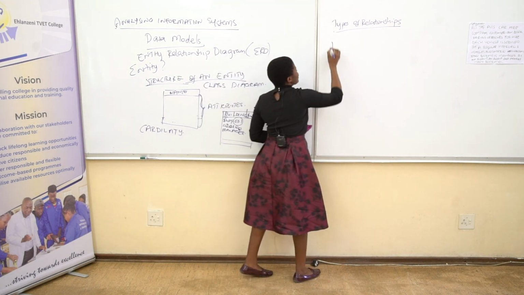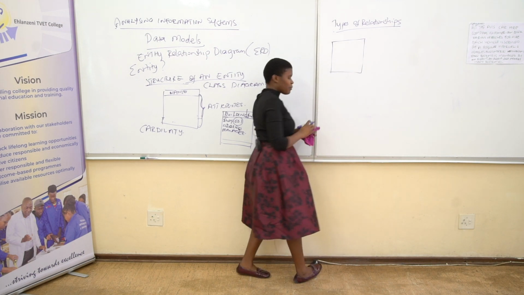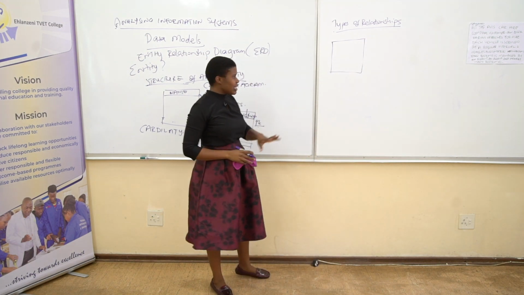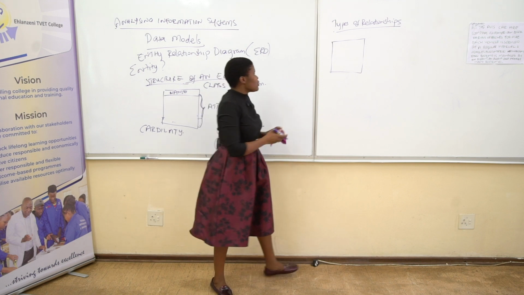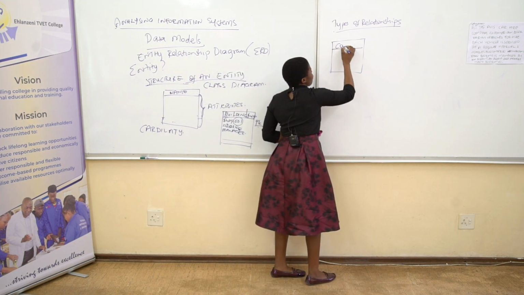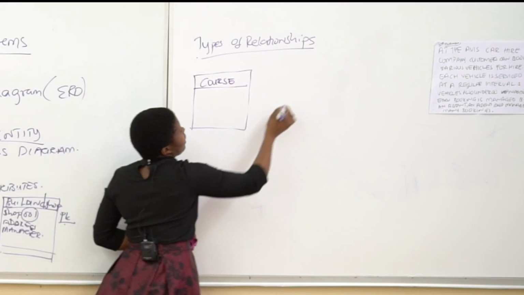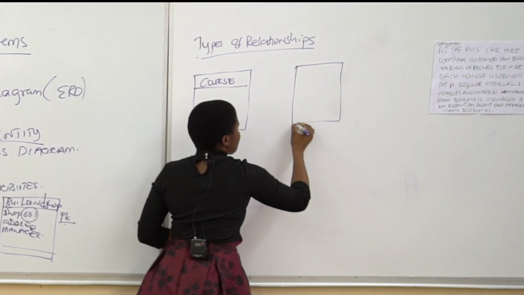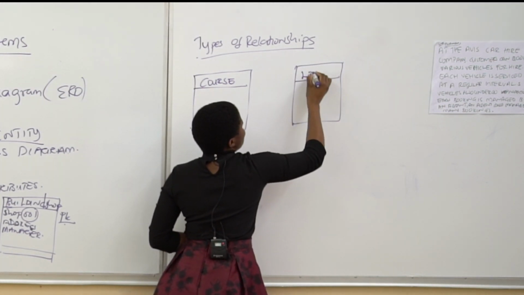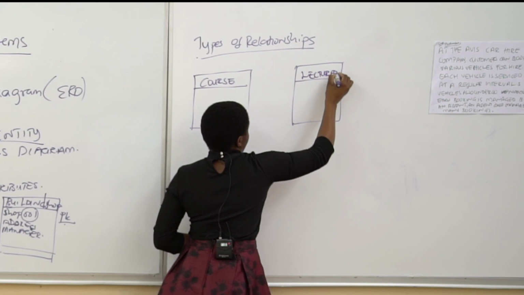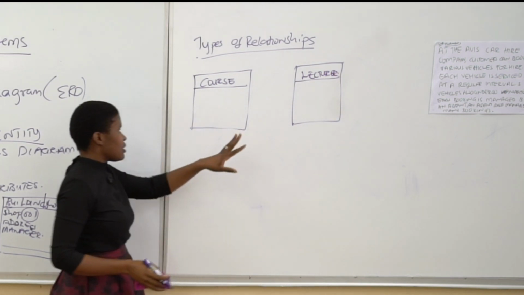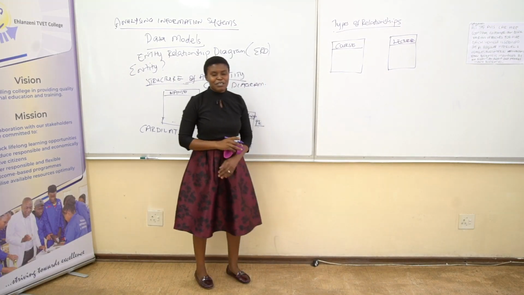If you take an example of an entity, from now on I'm going to use structure instead of words. So take an entity called course and another entity, which is going to be a lecturer. This one is a person, this one is just a course.